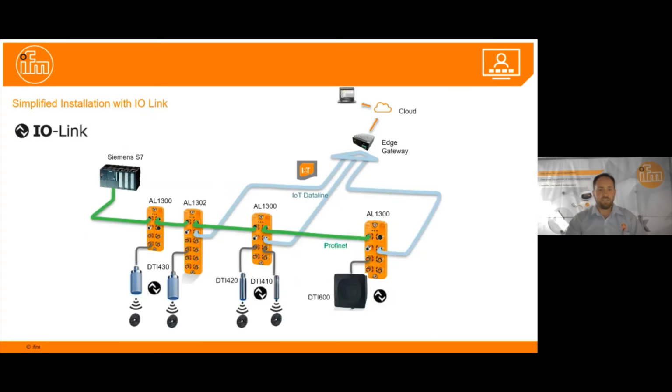So what does a typical Ilink topology with RFID look like? Well, if you're familiar with Ilink, you're going to see no change. So I could have a pressure, conductivity, proximity, photoelectric on Ilink connected to one Ilink master, as well as an RFID reader to the next port. So there's complete flexibility now.